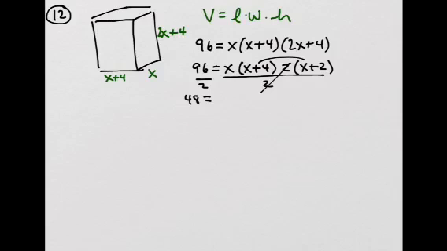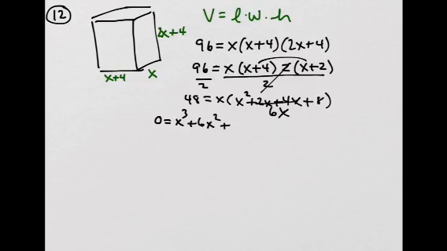So now I'm going to multiply these two, so I get x squared plus 2x plus 4x plus 8. This becomes 6x. I'm going to distribute the x and move the 48 over. So I have 0 equals x cubed plus 6x squared plus 8x.